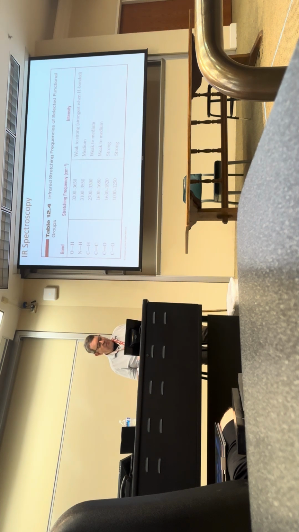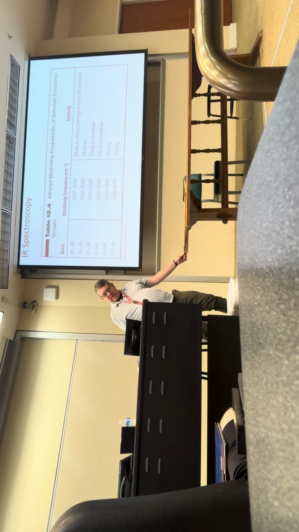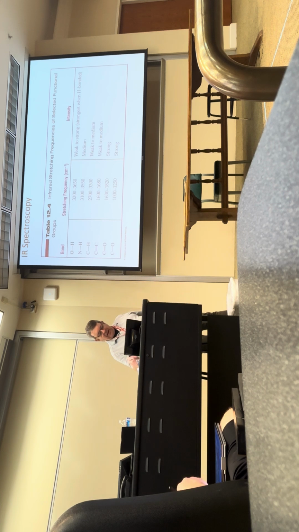So the ones that you really need to pay attention to are going to be the OH, and typically these are very broad, and they tend to be very strong.